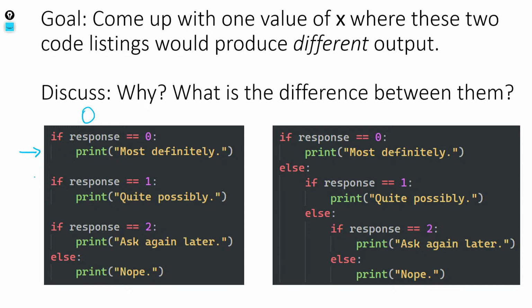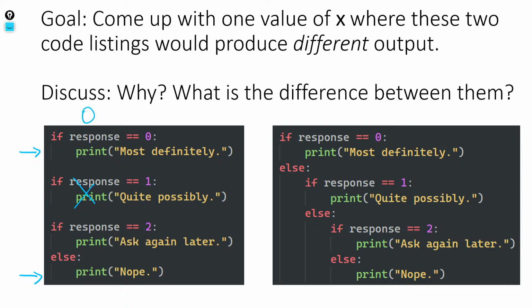Because this next if statement is not connected in any way through an else, we go on to that if statement and we ask, is response equal to 1? No, response is 0. It's not equal to 1. So we skip over the then block. We then reach a completely unrelated next if then else statement, and we ask, is response equal to 2? No, it's not, but this does have an else, so we're going to print nope, right? So both of these lines would evaluate and print as output given an input of 0.